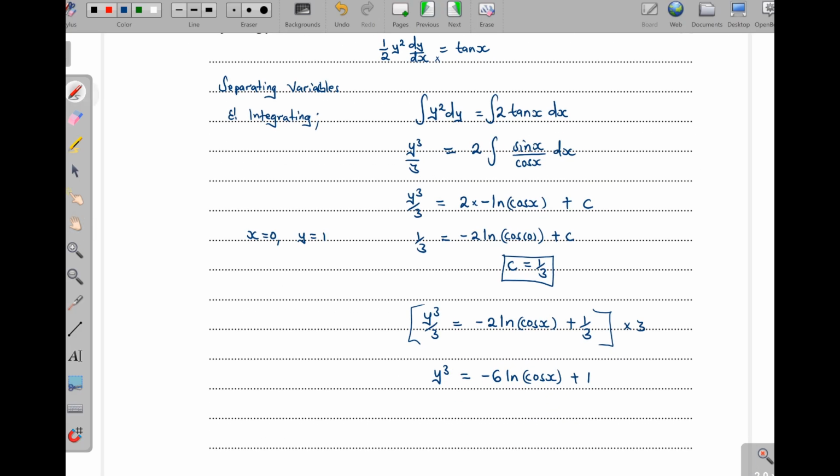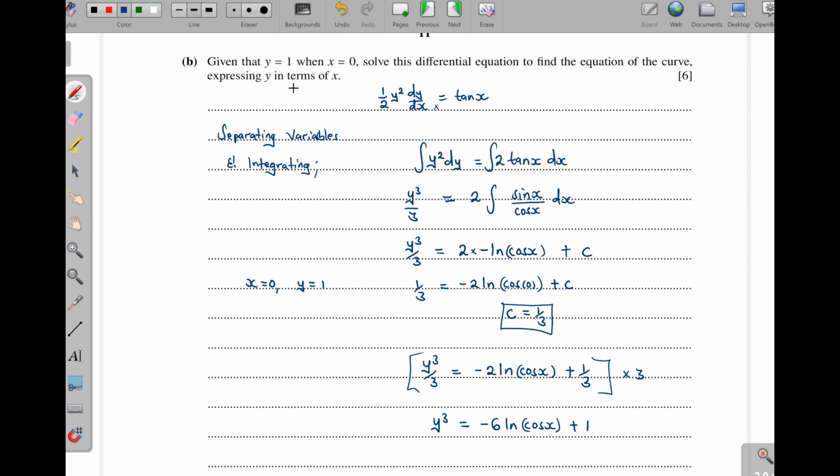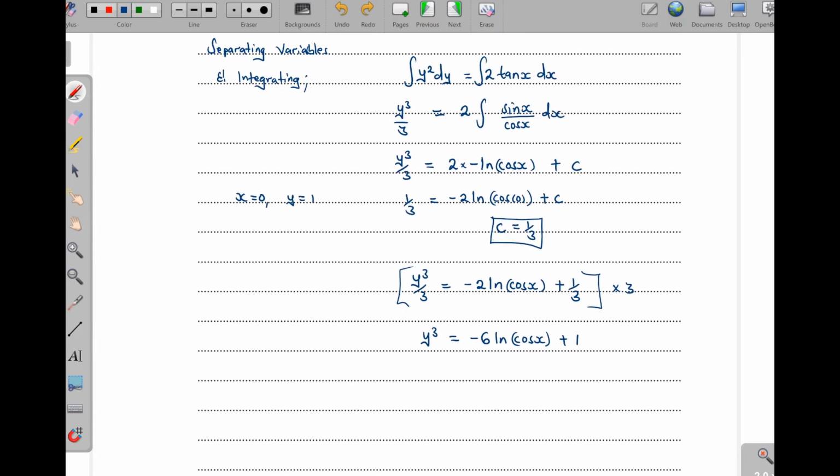Then after that, we can take the cube root, because they said that we express y in terms of x. So therefore, our y shall be equal to the cube root of, I can write the positive first, then the negative last. So 6 natural log of the cosine of x, like that.